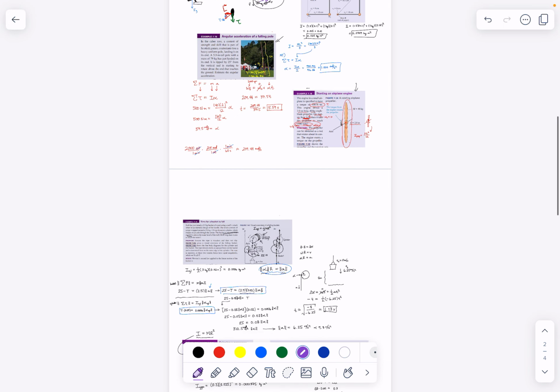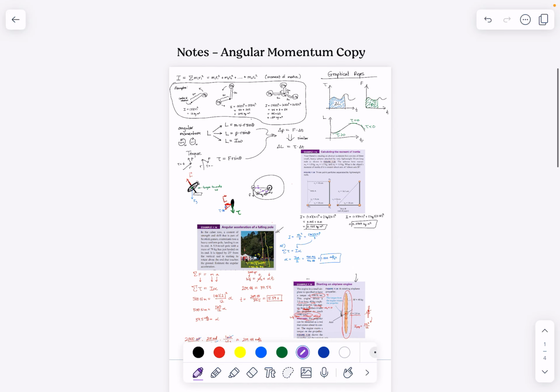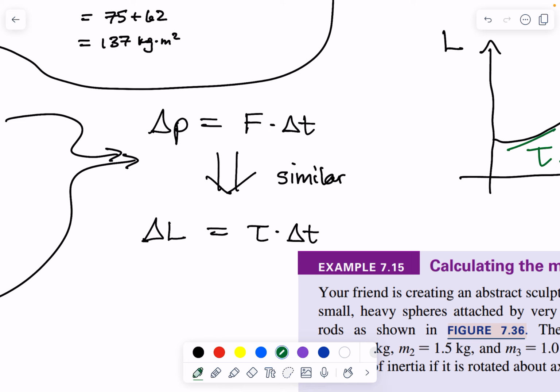So I think the next class, we're going to focus more on the relationship between torque and angular momentum, which is right here, right? This Mac Daddy equation right there. We haven't really pulled that out of our pocket for a lot of questions yet. So I'll try to add in more questions with this next class, and we'll get some good practice in.